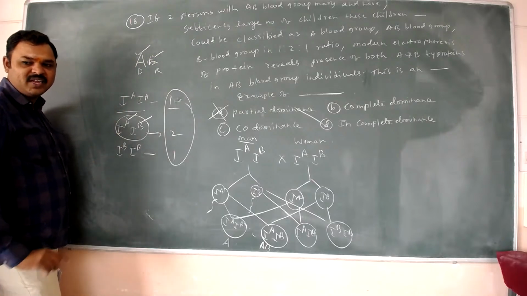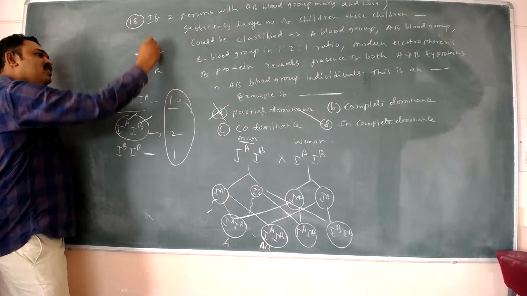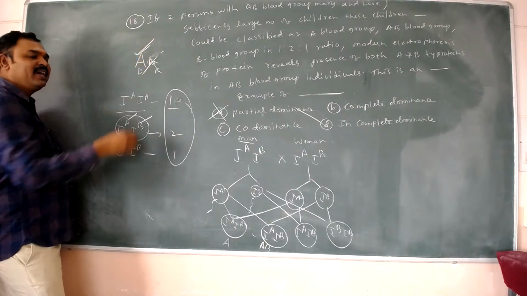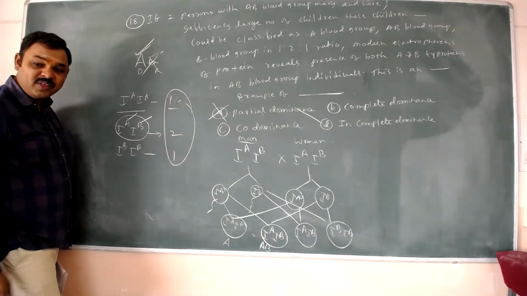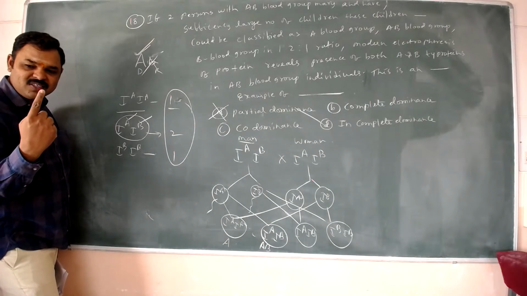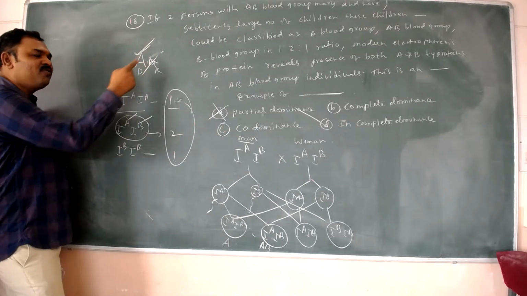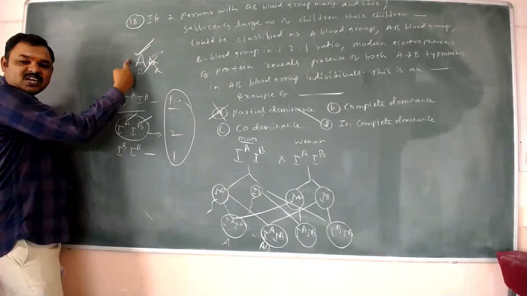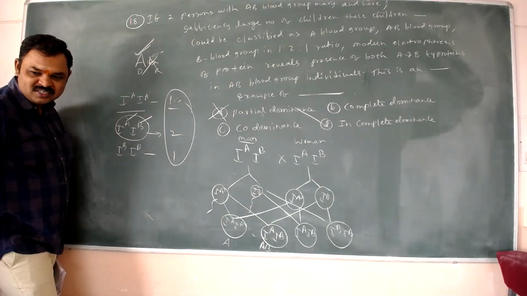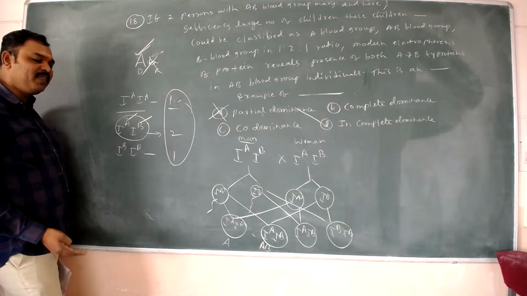Only A is expressing, B cannot be expressed. So out of 2 alleles, only 1 allele is expressing, another is not expressing. Which is not expressed is called recessive, which is expressed is called dominant.